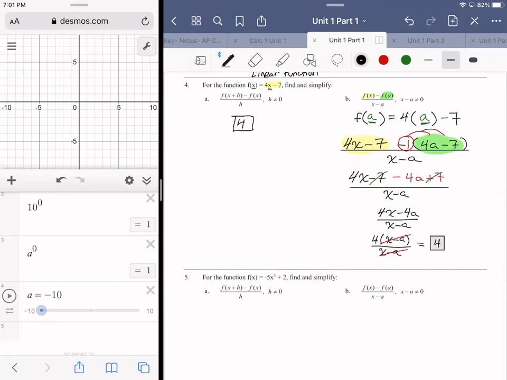So we start off again with our f of x plus h, which is what we would get if we took our original function, replaced every x with an x plus h.